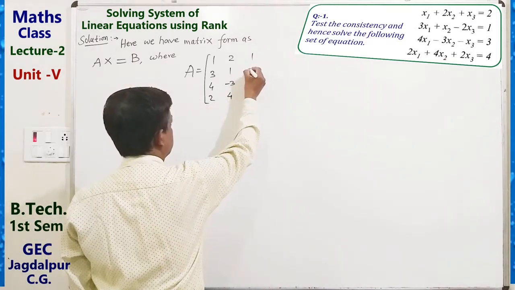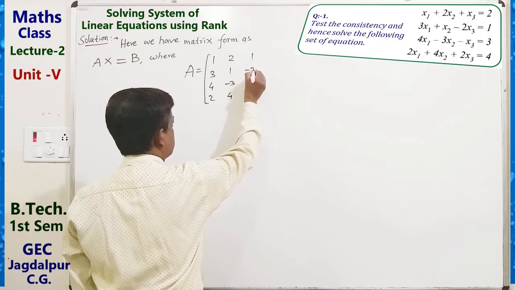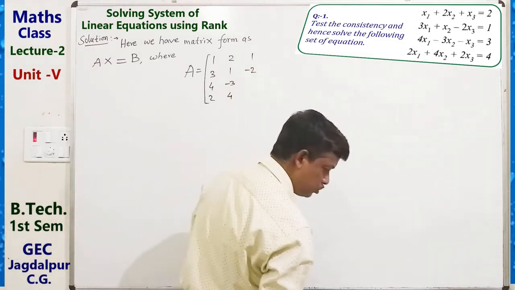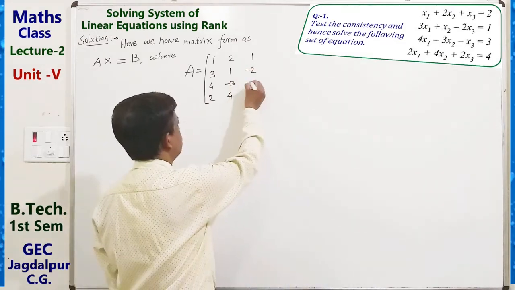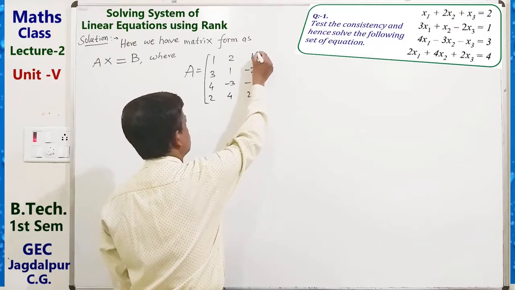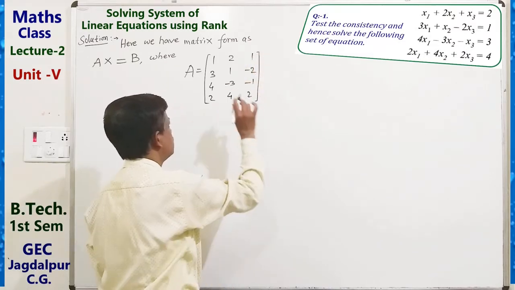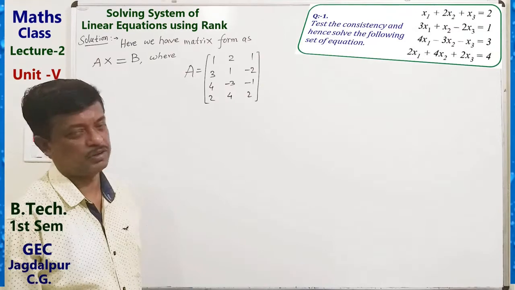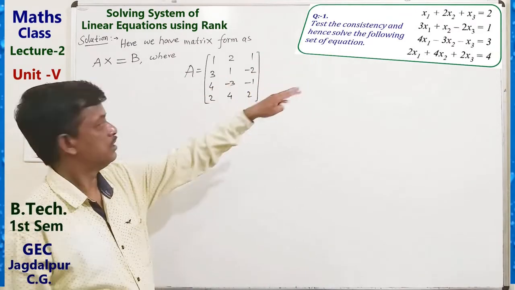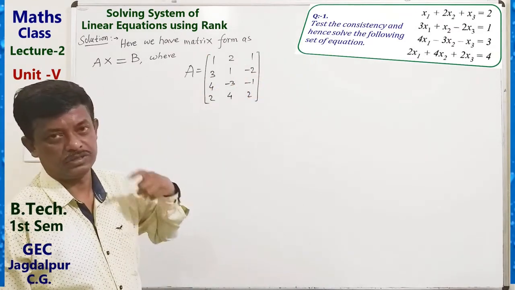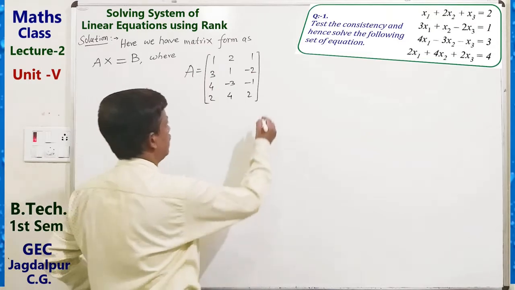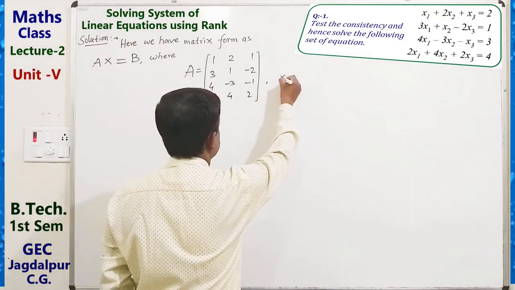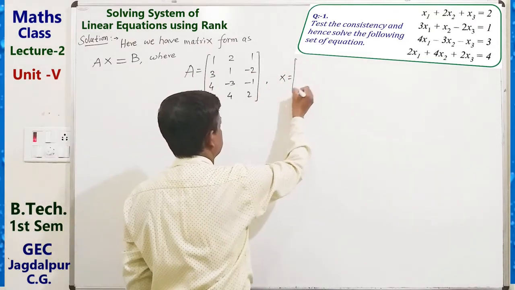Just write the coefficient matrix. So this is 4 by 3 because 4 equations are there and 3 unknowns.